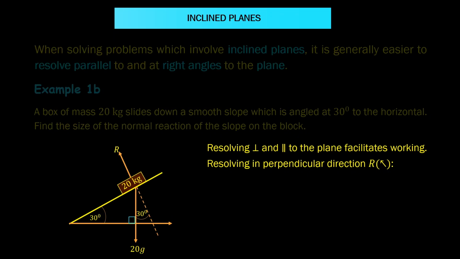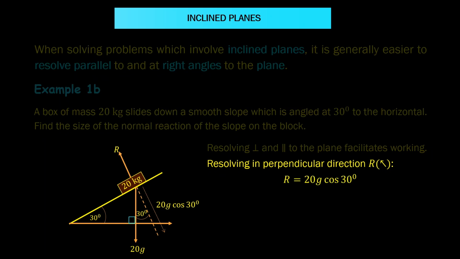So, if we resolve in the perpendicular direction, we have R equals, and in the opposite direction, 20g cos 30 degrees.